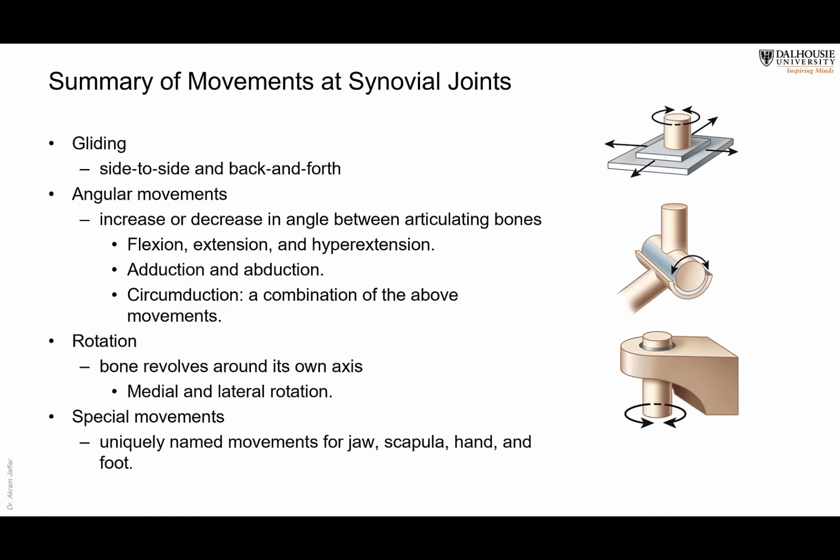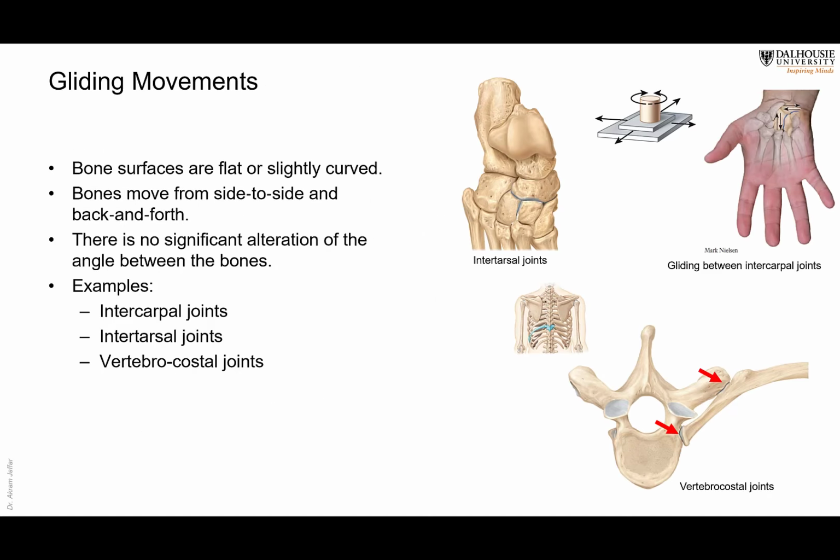Then we have the movement of rotation, which is rotation around the longitudinal axis of the bone. So we have either medial or lateral rotation, and then we have special movements, as I will show you in a moment. So let's start with the gliding movement. Obviously, these are the bones that allow gliding movement. The carpal bones, small, tiny movements, like the carpal bones, the tarsal bones.